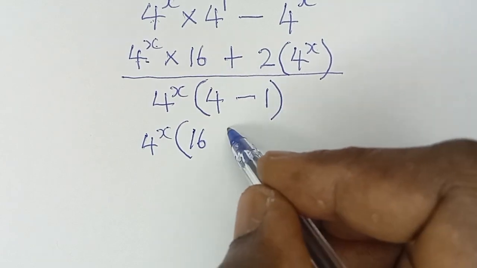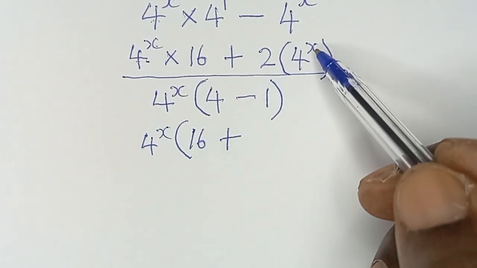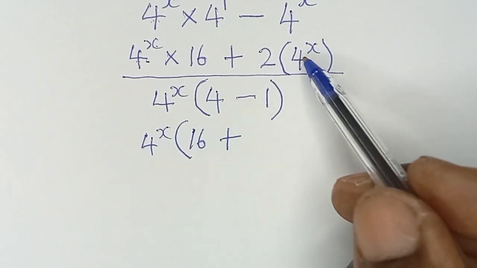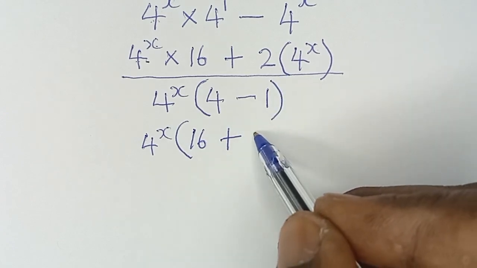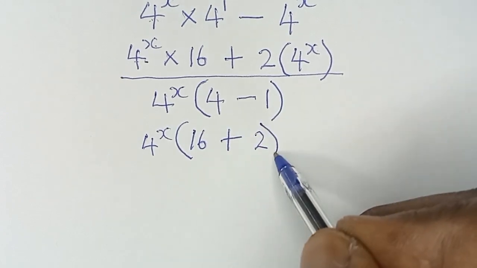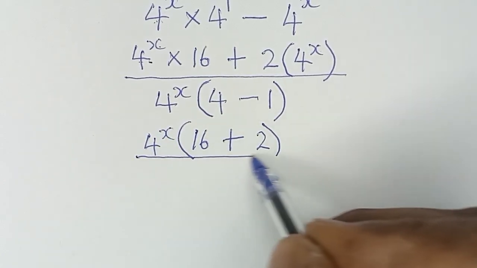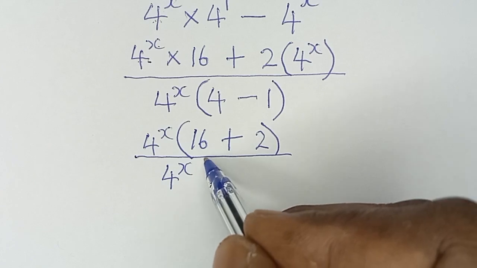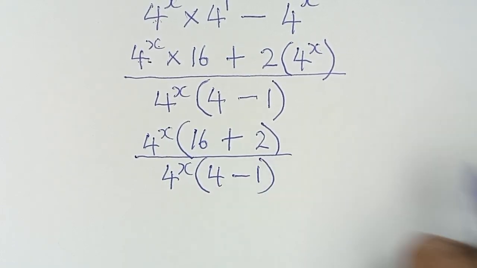And then this addition sign here. Then 2 multiplied by 4 to the power x divided by 4 to the power x. This 4 to the power x will also cancel. And I'll be left with 2 here. And then I can close bracket. And then don't forget my denominator remains 4 to the power x all multiplied by 4 minus 1.